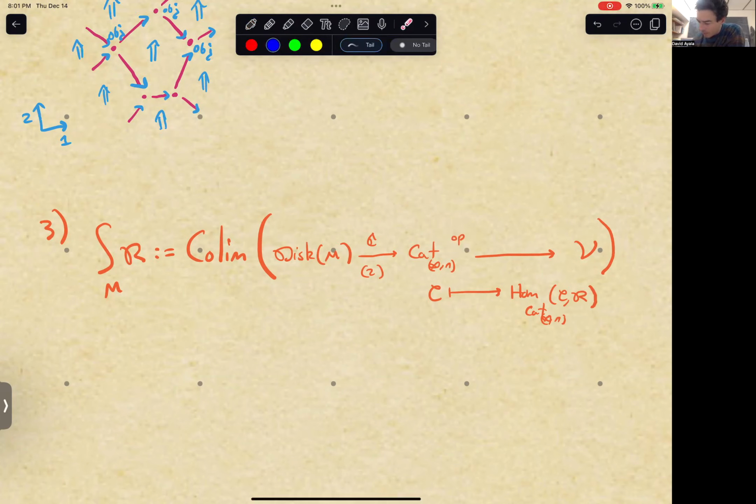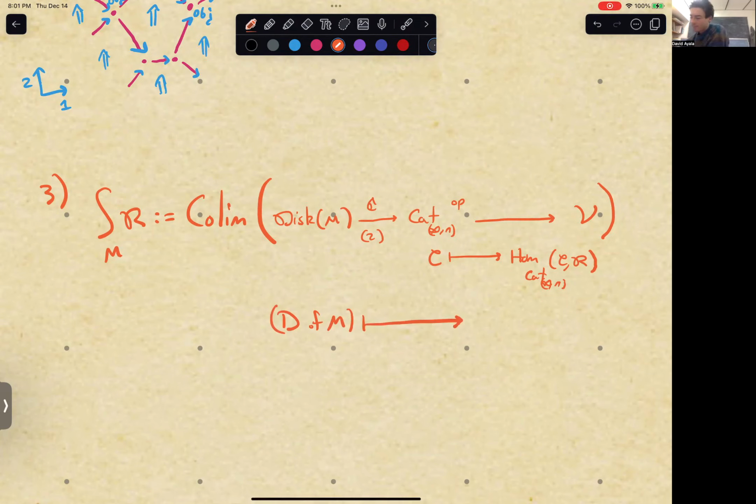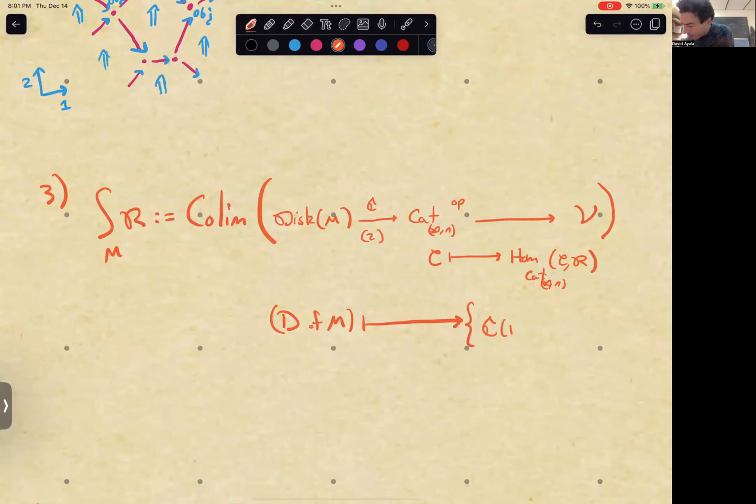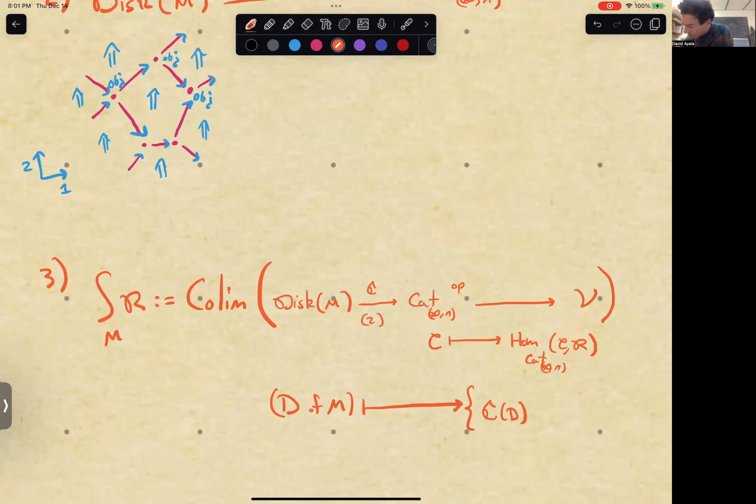So all told, this sends a distratification D of M to the collection of functors. I'll denote it more informally like this: from the category you associate to D, such as this picture, to R.